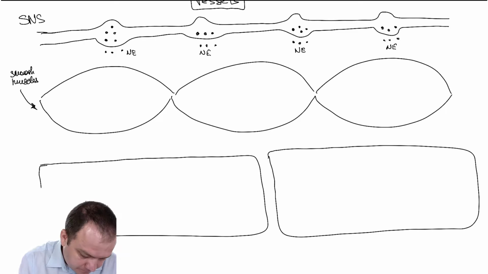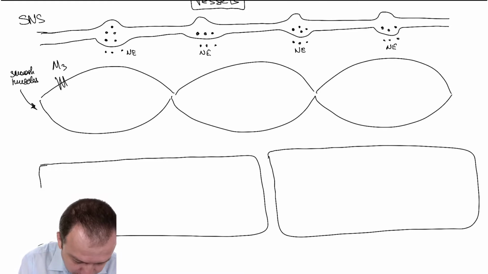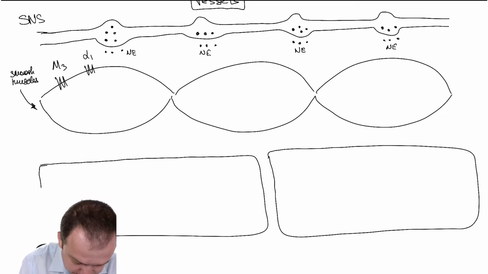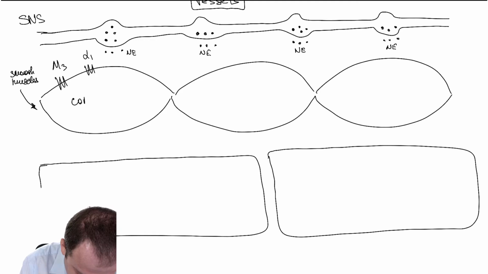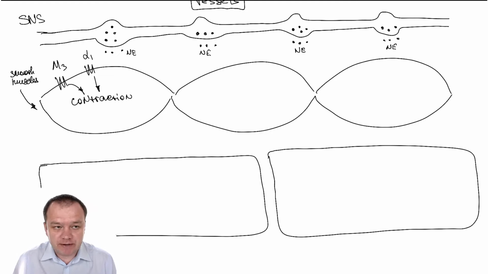We have first M3 type of cholinergic receptors. We have alpha 1 adrenergic receptors, and activation of M3 receptors, activation of alpha 1 adrenergic receptors causes contraction of smooth muscle cells by similar mechanism.